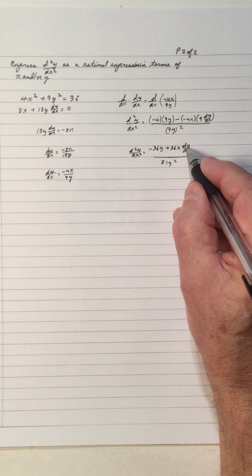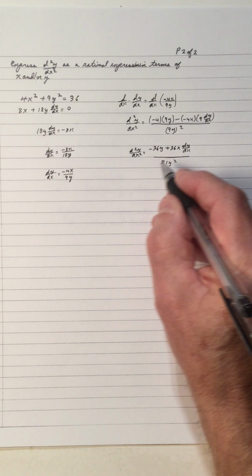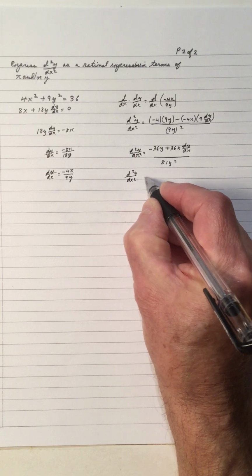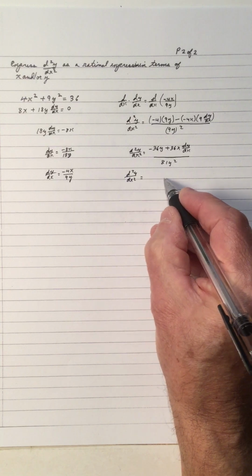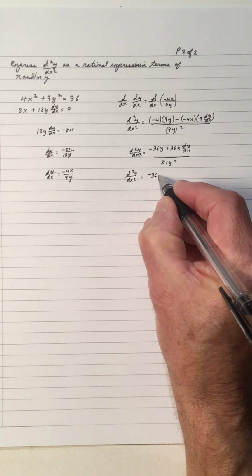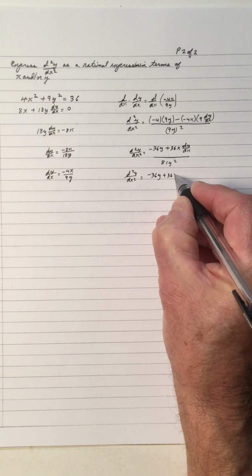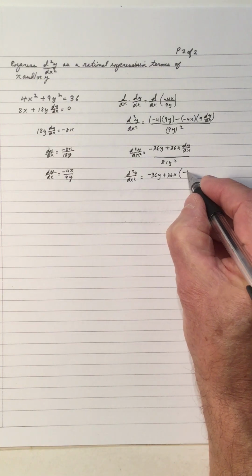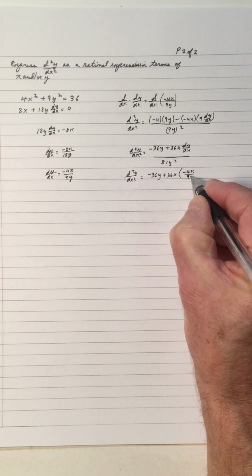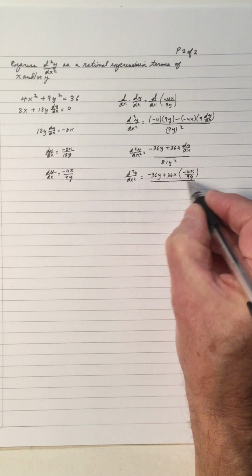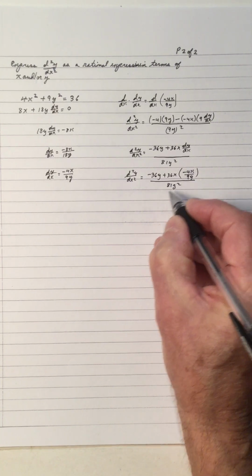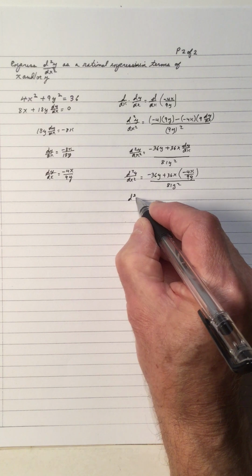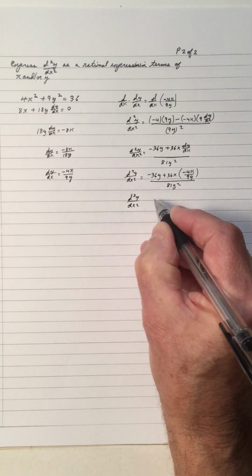Right here we have a dy/dx, so d squared y over dx squared is, to make it simpler, negative 36y plus 36x times dy/dx, which is negative 4x over 9y, all over 81y squared.